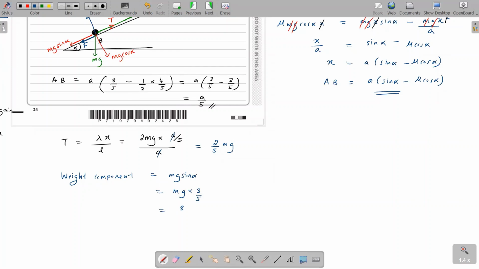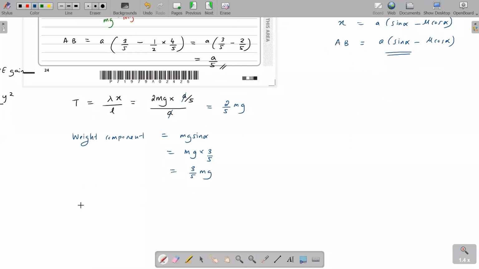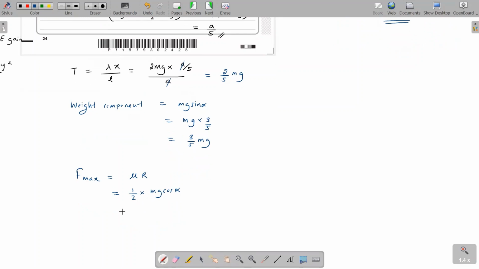So it's 3/5 mg. What about the maximum friction? F max is mu R. Mu is given as half, right? Normal reaction is mg cos alpha. So get the value. Half into mg cos alpha is 4/5. So F max is 2/5 mg.